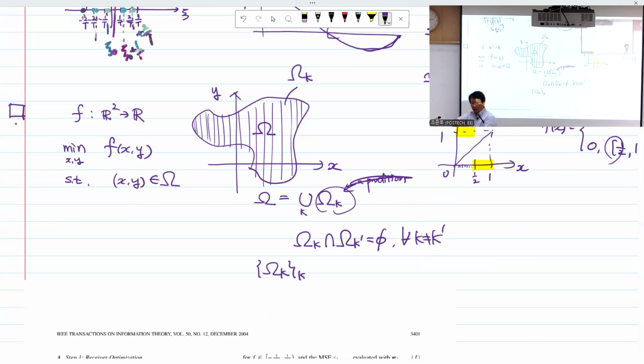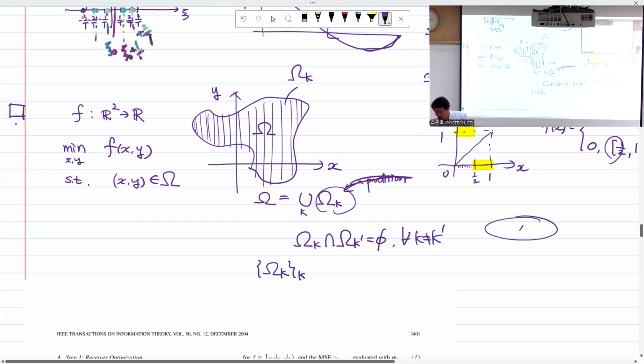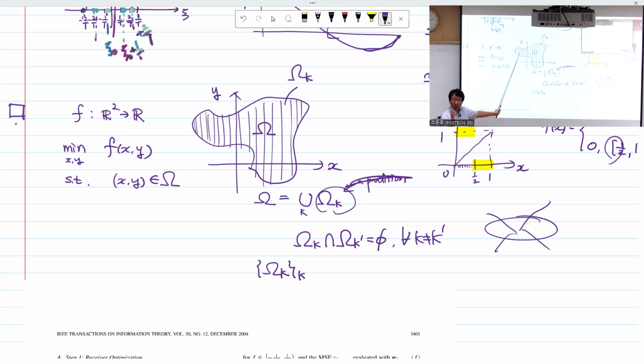Got it? So it's really divided. You have a dish that is broken, and if you put them together, it becomes a dish. Got it? So here, among many different partitions, let's think about this type of partition.